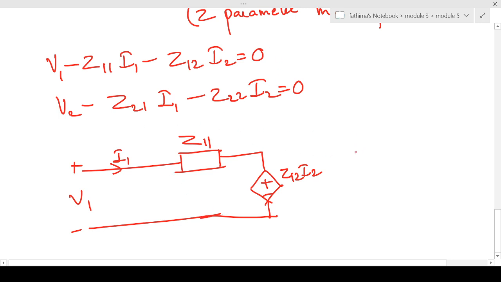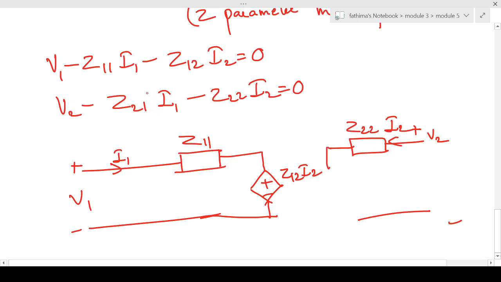Now the second equation is V2. The voltage of the output port is V2, and current is I2. So V2 minus Z21 I1 minus Z22 I2. Here we can represent Z22 I2; this box represents Z22. So this becomes V2 minus Z22 I2 minus Z21 I1.